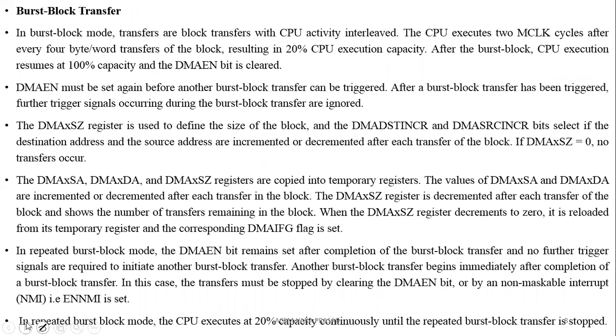Burst block means CPU operation and block transfer are both performed at a time. Here you can use about 20% of the CPU, because the CPU works only in between block-to-block transfers.